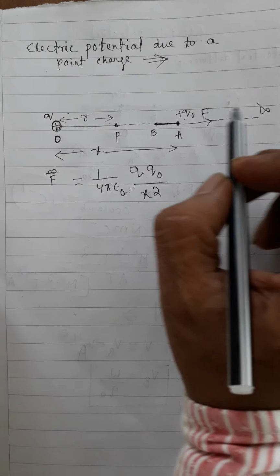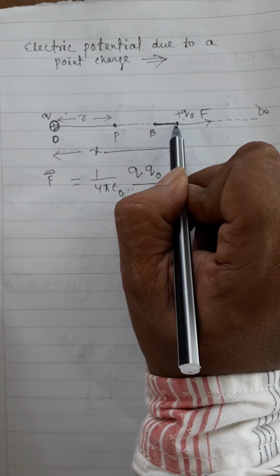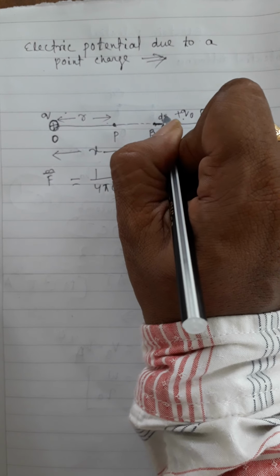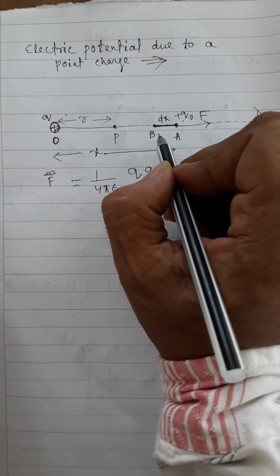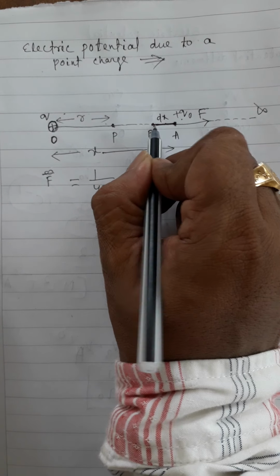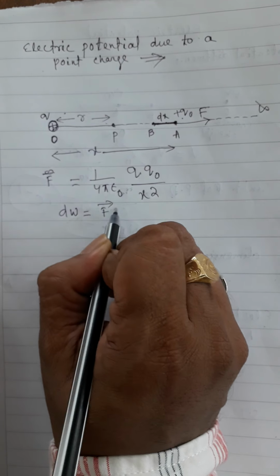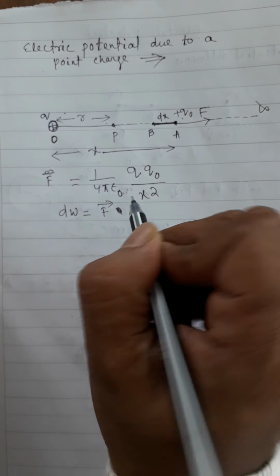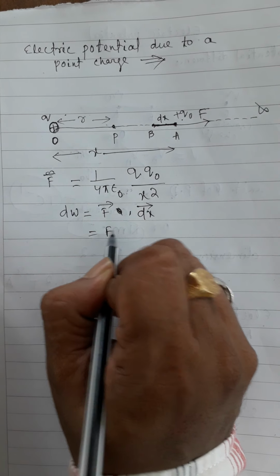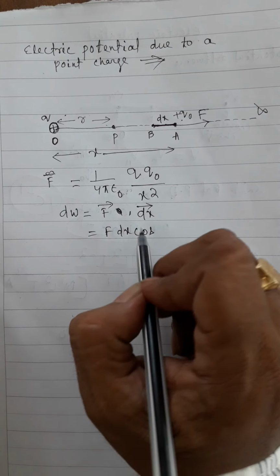A small work done in moving this test charge Q0 from A to B, over the small distance dx, against this electrostatic force, will be dW, that is F dot dx. It will be F dx cos theta.